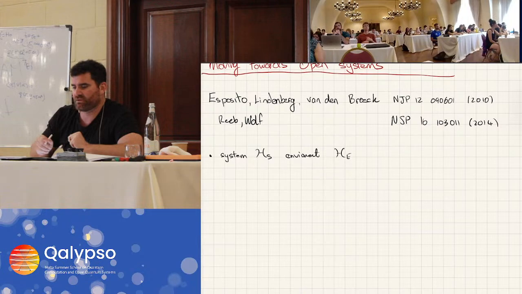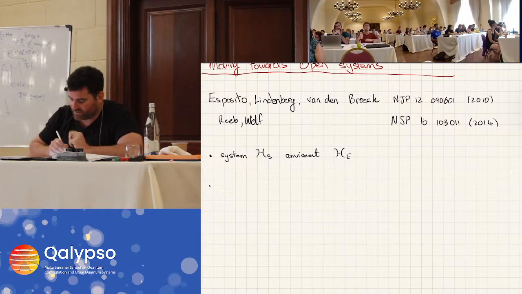So the environment state, let me call it rho_E, will be prepared in thermal equilibrium. This is the Hamiltonian of the environment.